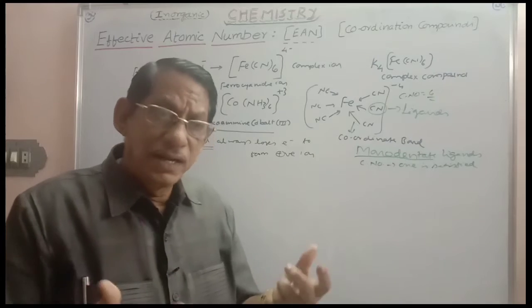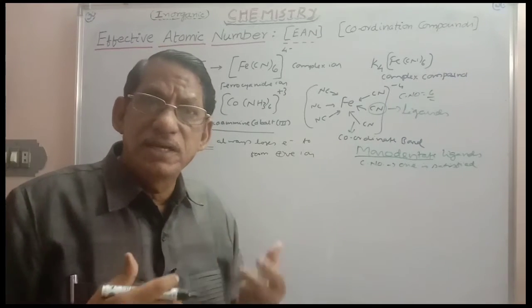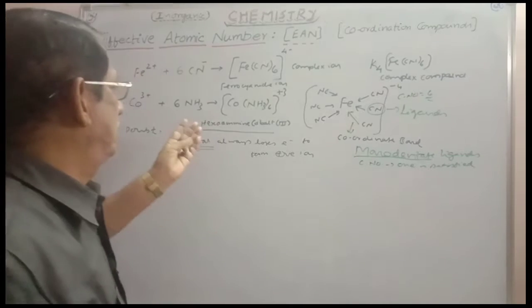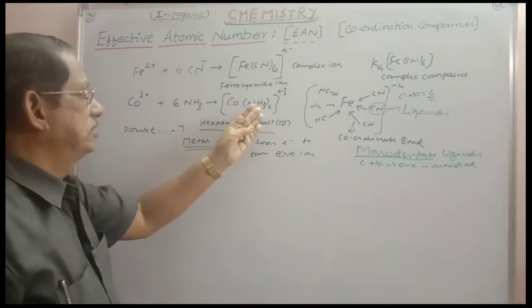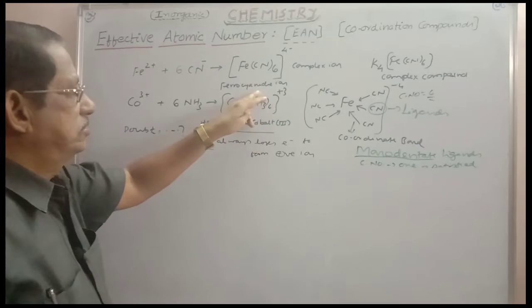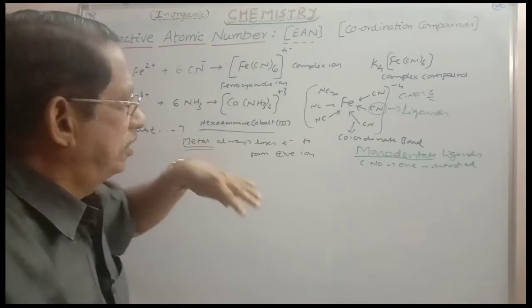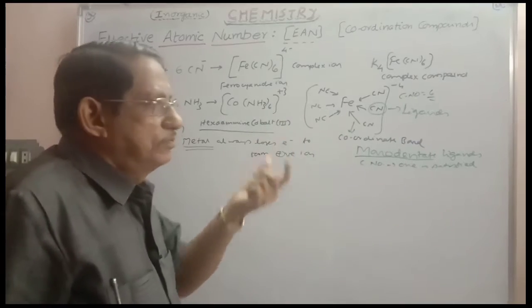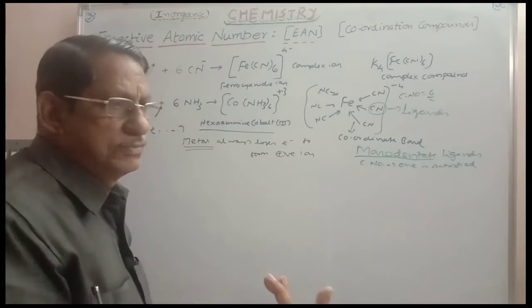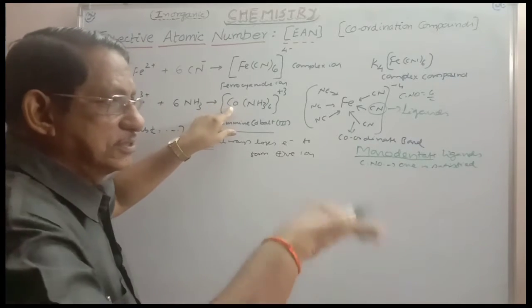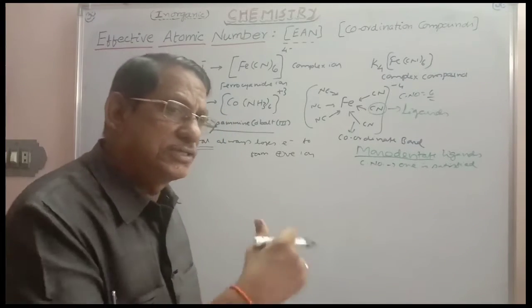How can the metal ion accept the electrons when it is having greater electropositive character? Similarly, here also, nitrogen is donating a lone pair of electrons, 6 into 2. There are 12 electrons around cobalt because a ligand donating a lone pair means it forms a covalent bond. A lone pair means it is giving 2 electrons. So in this way, it is also accumulating 12 electrons around it, though it is a metal ion.